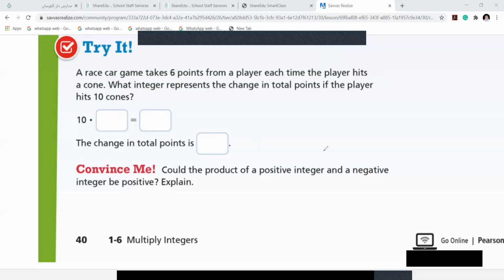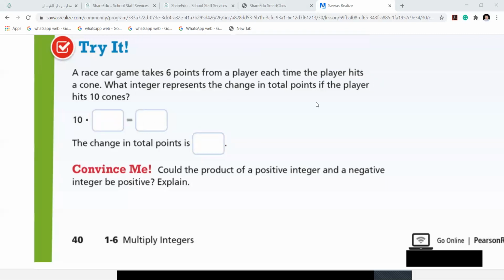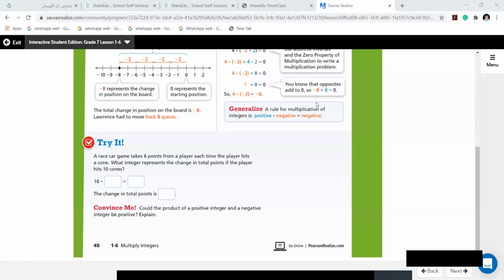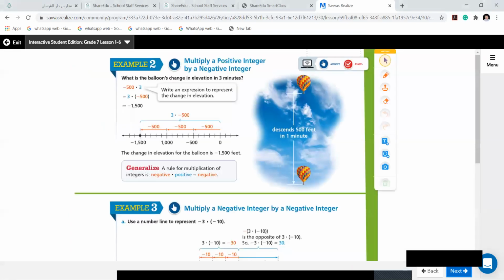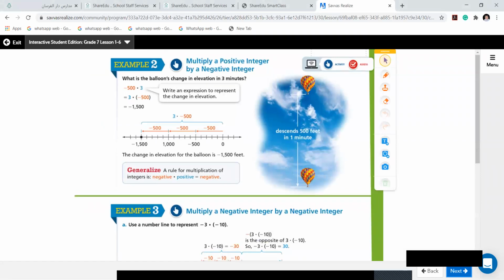Now let us go to the other page. We have done this page.